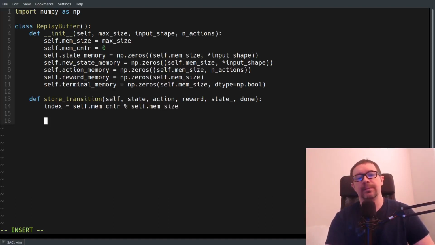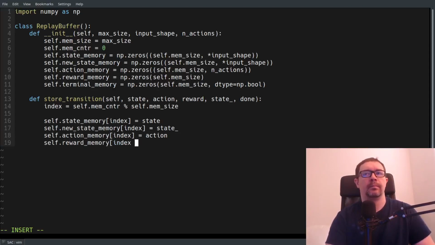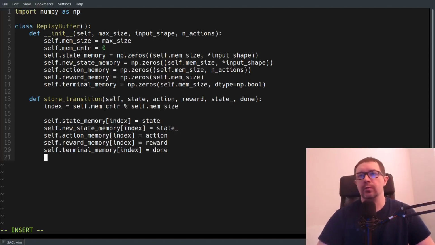And then we're going to set the NumPy arrays at that index equal to the parameters that we have passed in from our function: terminal memory, state, new state, action, reward, done. I believe that is it. And then finally, we want to increment our memory counter by 1.